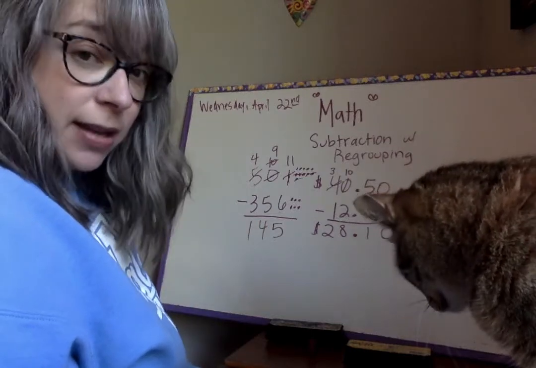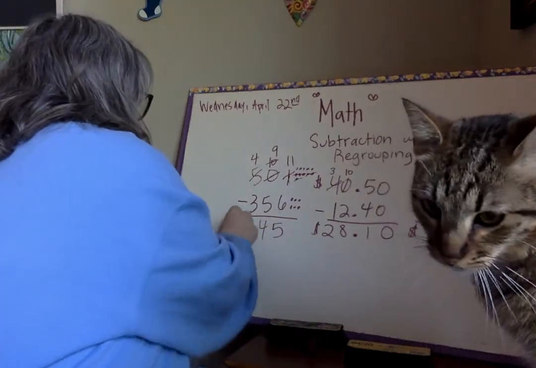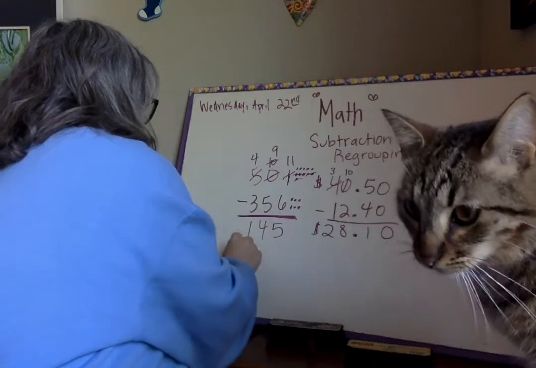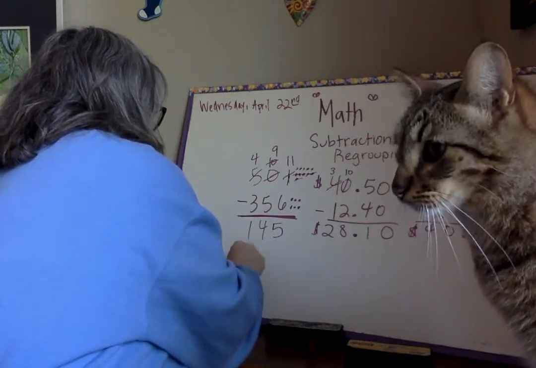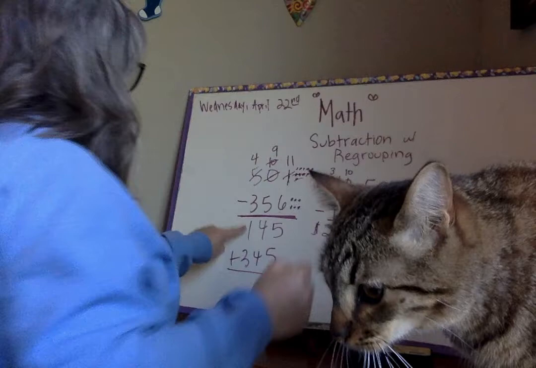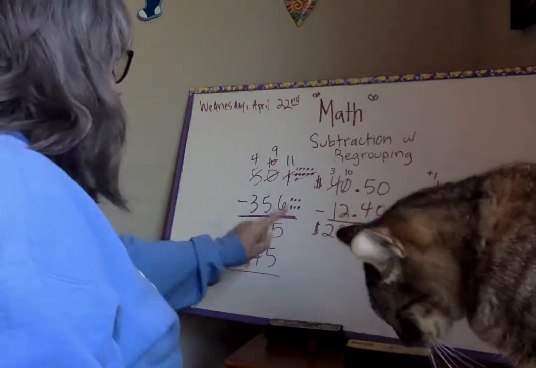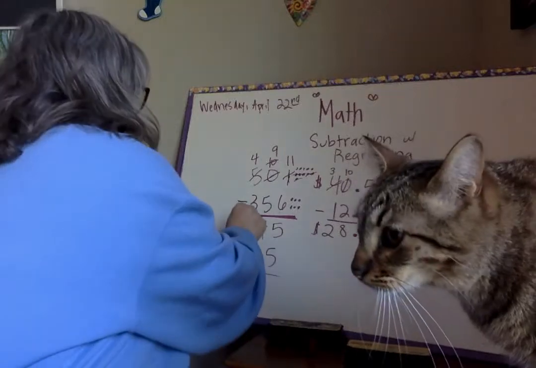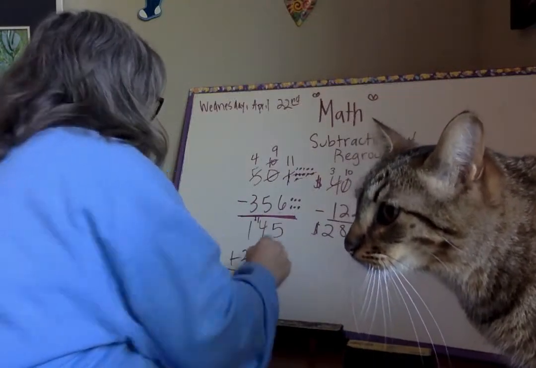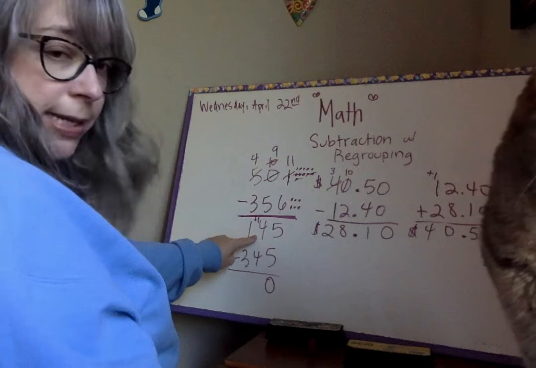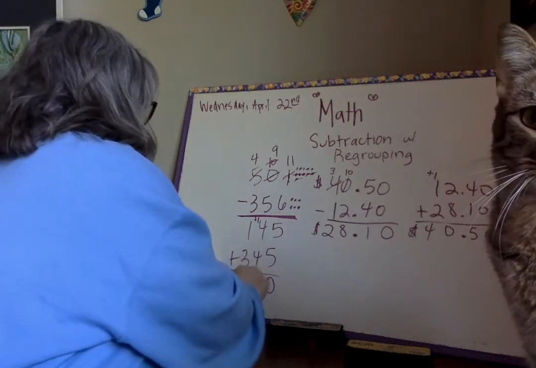145. Let's check by adding. Here's what we're going to do, because we don't have a whole lot of room. We're just going to add 345 to our answer. We're going to add our 345 to our 145. 5 plus 5, 10. Plus 1, put a 0. 4 plus 4 is 8. Plus 1 is 9.